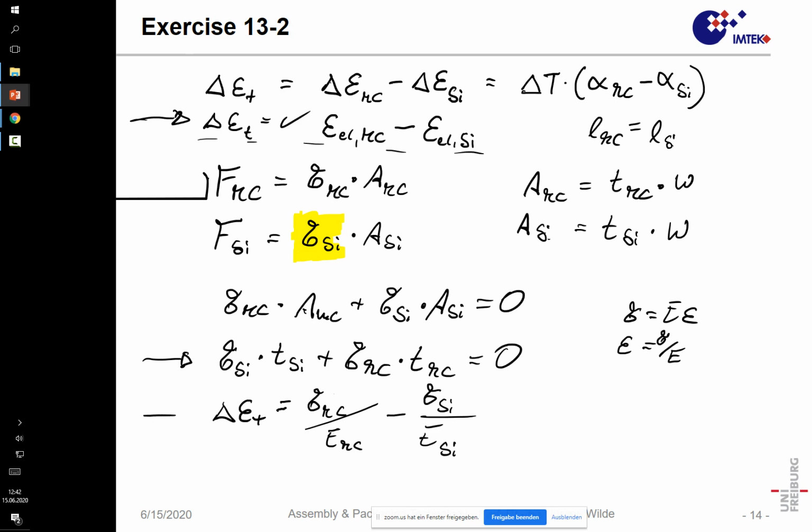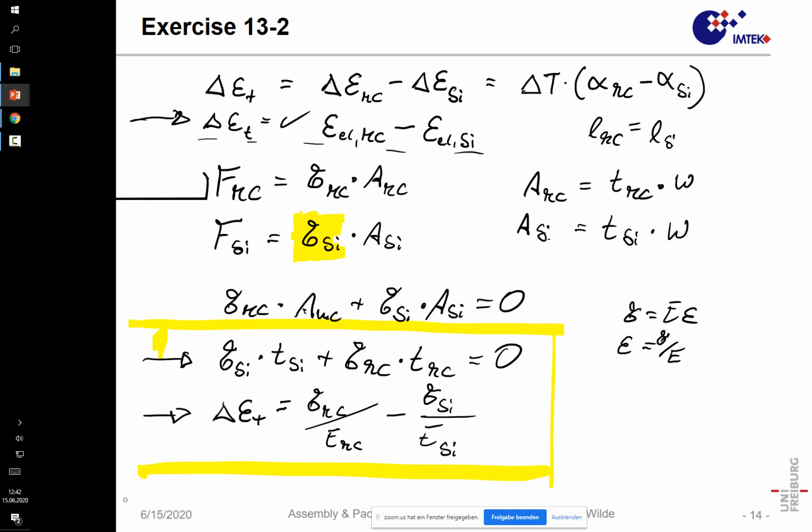And now here we got, can we solve our problem now? Of course we can. So that's number one. That's number two. And in that way, we can resolve this for the sigma silicon.